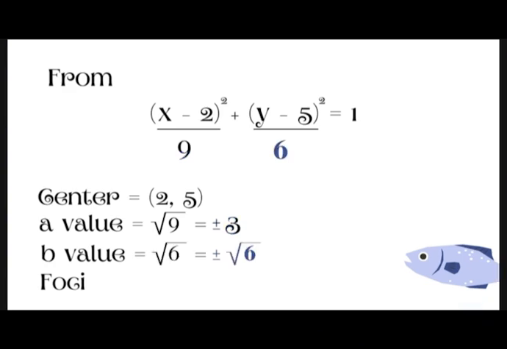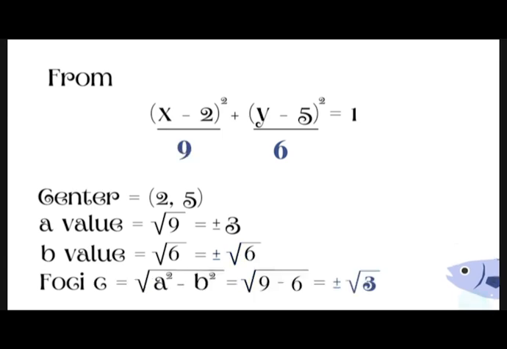Our b value, which lies on the minor axis, since 6 is smaller than 9, minor being smaller, is root 6 equals plus or minus root 6. And our foci, or focal points, c equals root of a squared minus b squared, so root of 9 minus 6 equals plus or minus root 3.